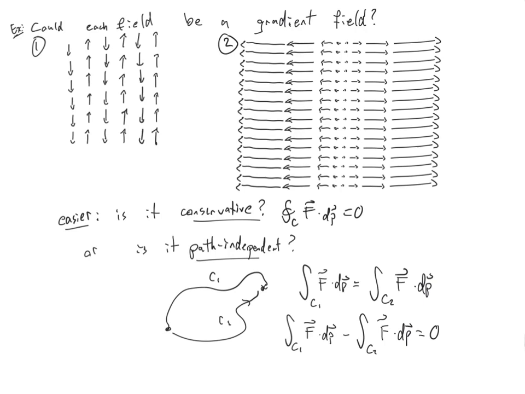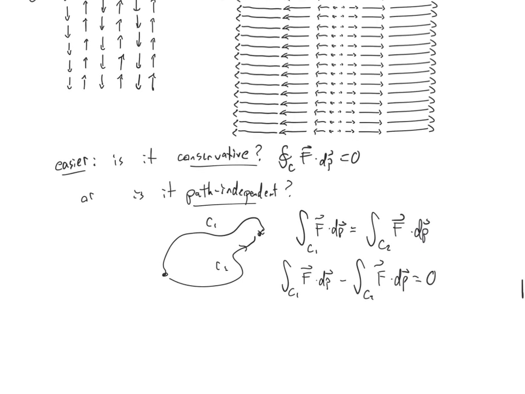But doing the integral over C1 minus the integral over C2 is the same as doing the integral backwards. So this is the same as doing C1 plus C2 backwards.